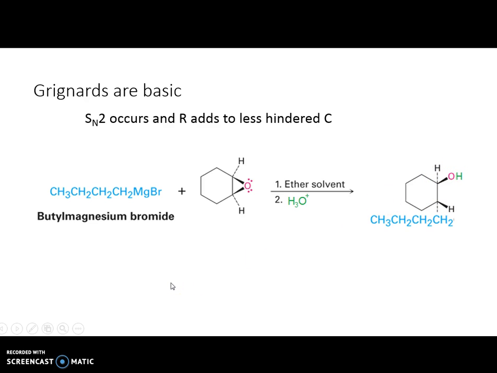Other nucleophiles that will do this SN2 type reaction are amines. We can have all sorts of negative nucleophiles that would come in from the opposite side and always choose the less hindered carbon because an SN2 reaction is occurring.